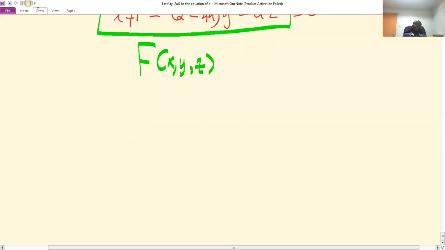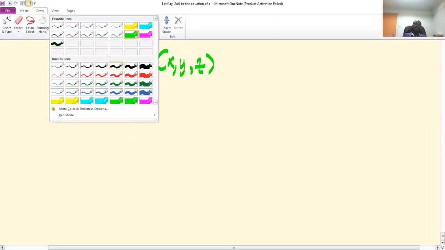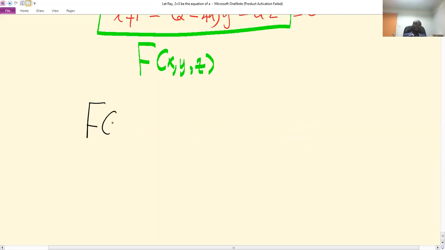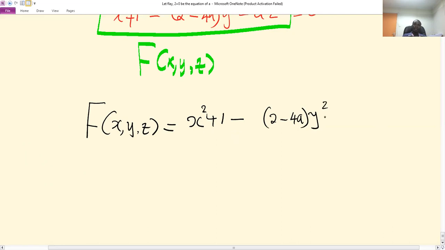So this family of surfaces defined by this equation is given by capital F of x, y, z equals x squared plus 1 minus 2 minus 4a y squared minus a z squared equals 0.